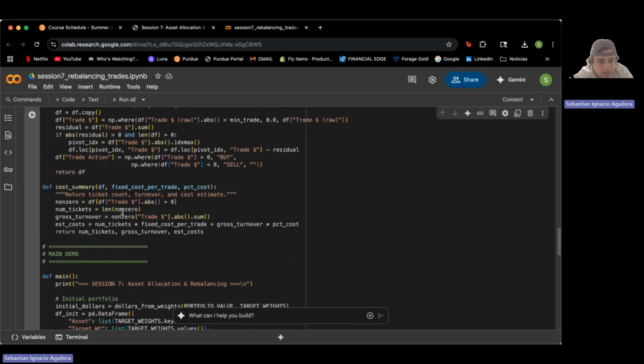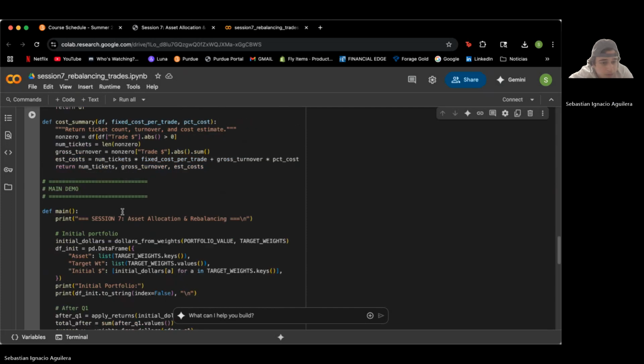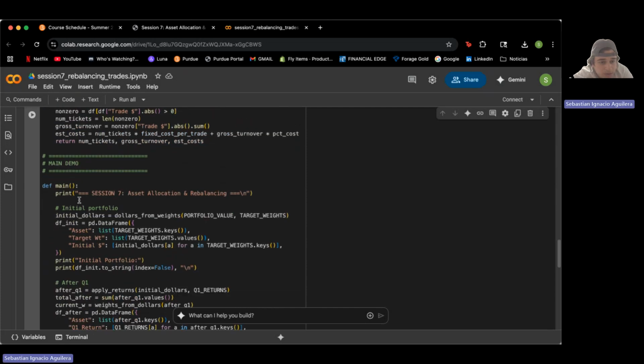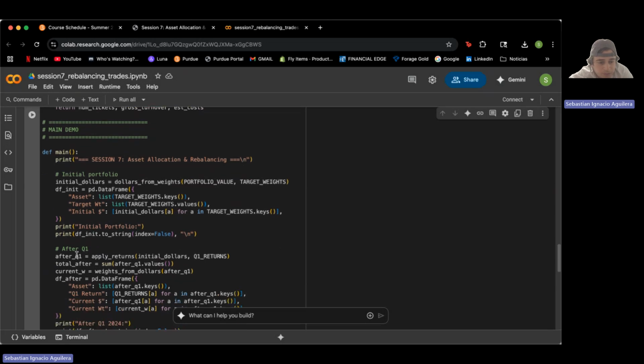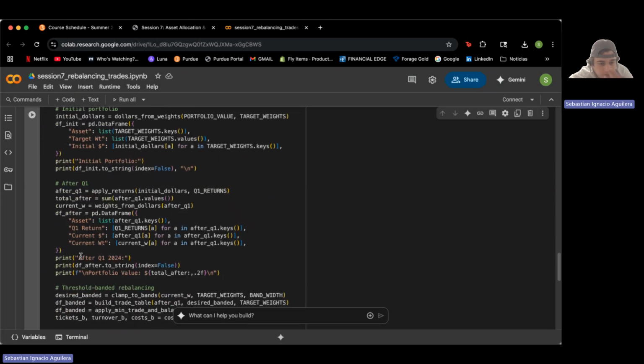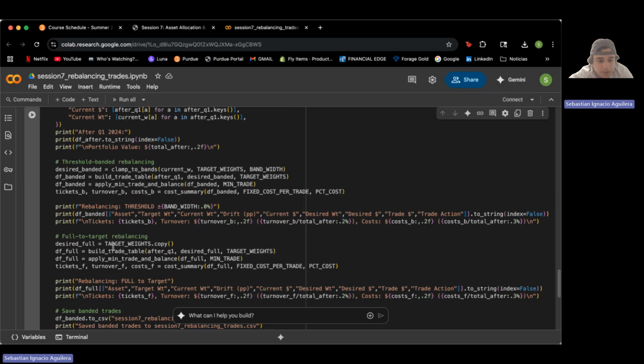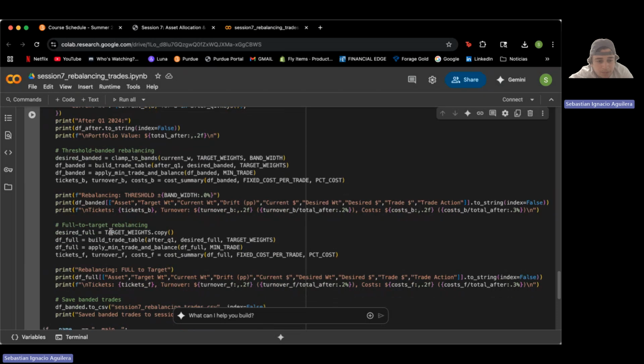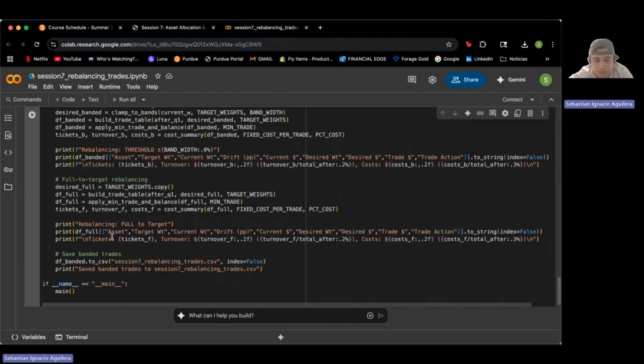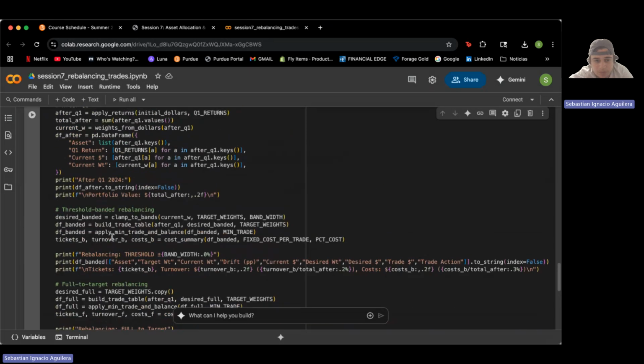Here you're going to see the main demo: the initial portfolio after Q1, the threshold banded rebalancing, then the full to target rebalancing, and then the banded trades are going to be saved. So let's run the code together.